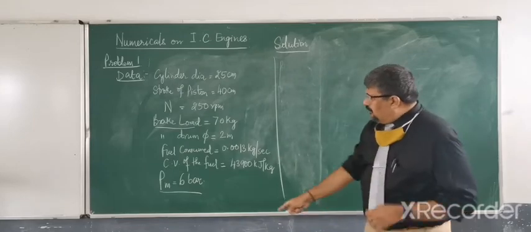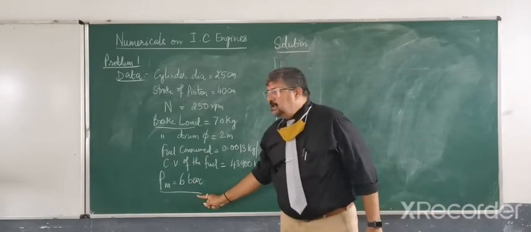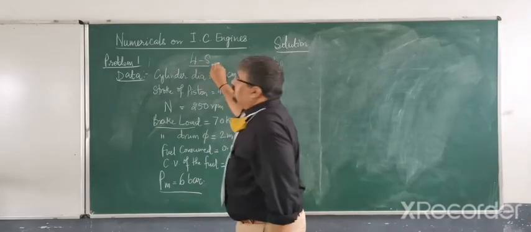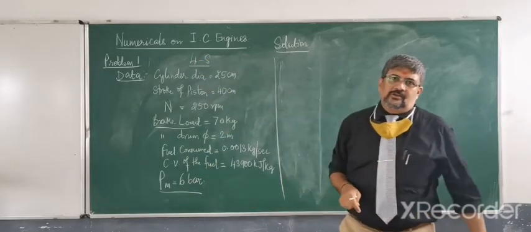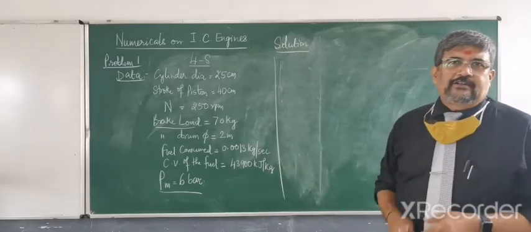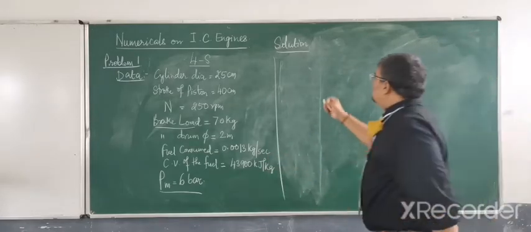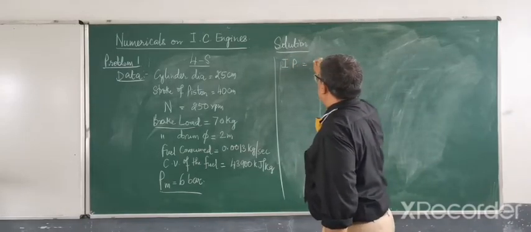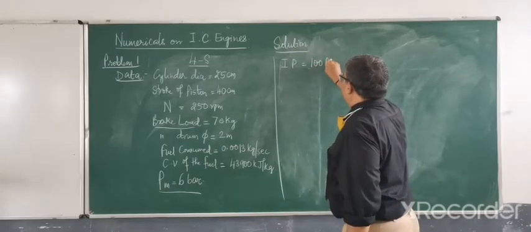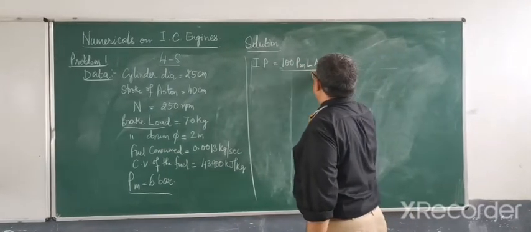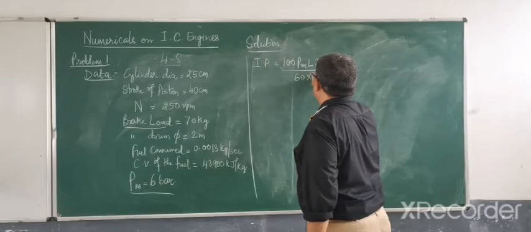Now, since the value of mean effective pressure is given in bar, and since it is a 4-stroke diesel engine, we know the equation to be used for a 4-stroke engine when the mean effective pressure is given in bar. So I am simply going to write indicated power is equal to 100 p_m L A N divided by 60 into 2.